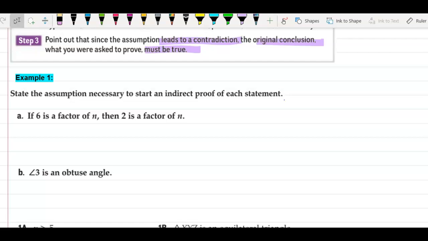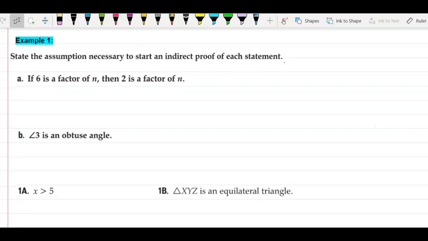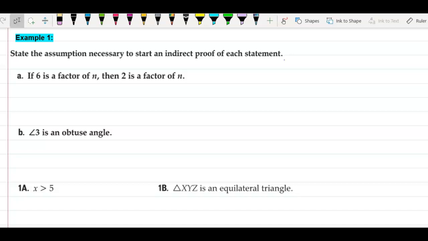First we're going to talk about how to find the negation, or the assumption that we're going to prove. If we start with an if-then statement, if 6 is a factor of n, then 2 is a factor of n, our hypothesis is 6 is a factor of n, and the conclusion is 2 is a factor of n.